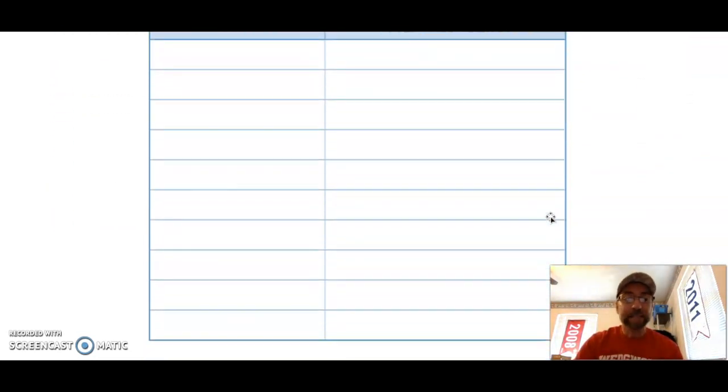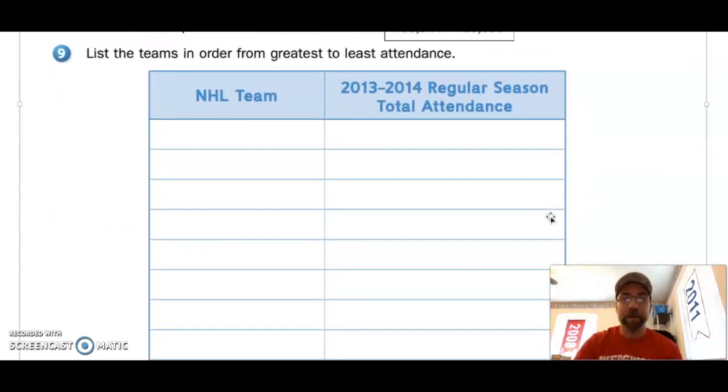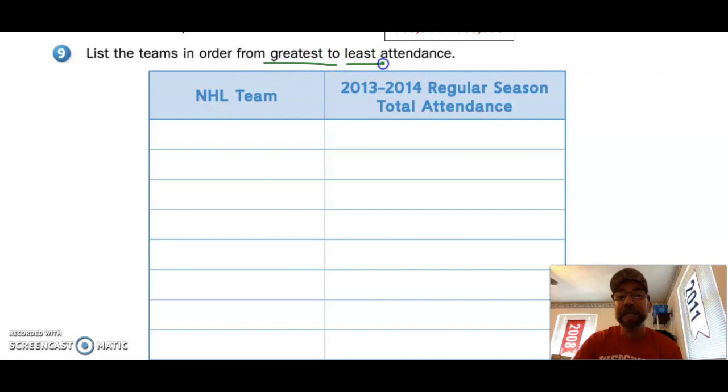Our last problem, and it's a tricky one. Of all of the teams that we have in our table, Chicago and Philadelphia and Tampa Bay and Carolina and Montreal and Vancouver and all the other ones, our challenge now is to list the teams in order from the greatest to the least.